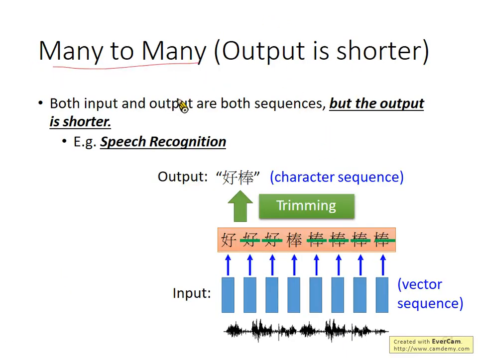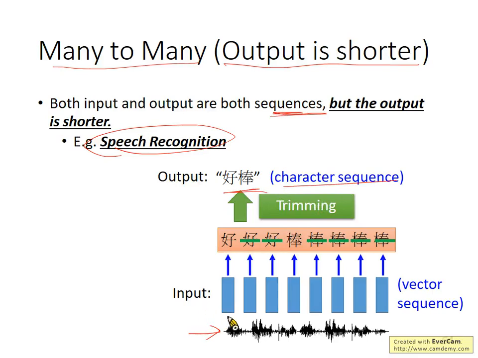But in this case, the output is shorter. For example, both input and output are sequences, but the output is shorter, like speech recognition. In the speech recognition problem, the input is an audio signal, and the output may be a character sentence.